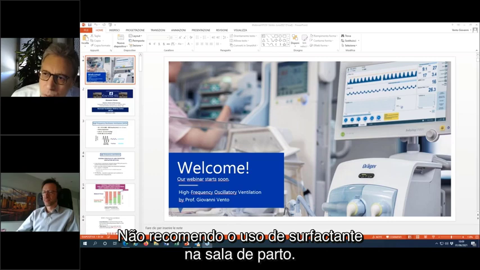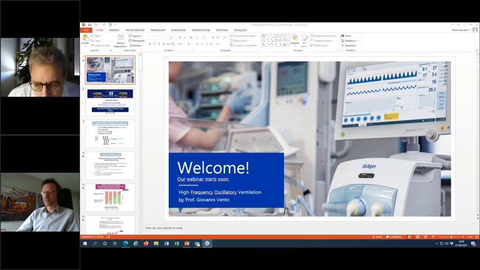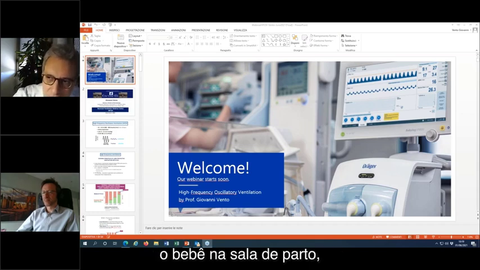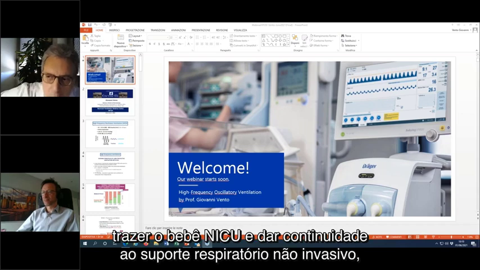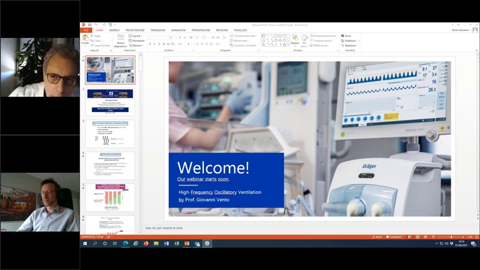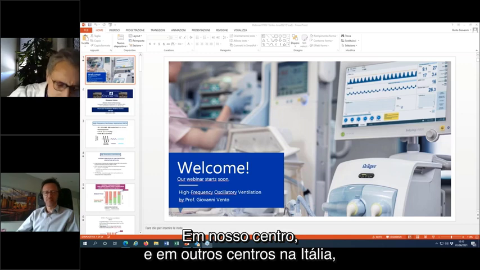I do not recommend using surfactant in the delivery room. This is why we suggest to stabilize the baby in the delivery room, bring the baby to the NICU, and continue non-invasive respiratory support.